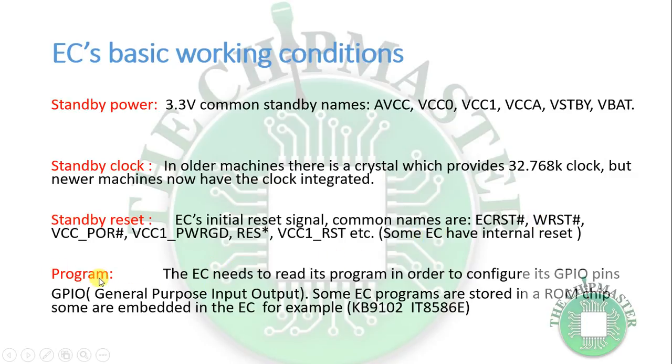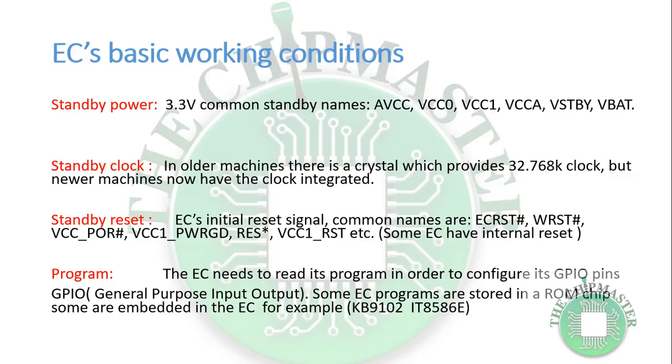We have the program, which the EC needs to read in order to configure its GPIO pins. GPIO stands for general purpose input output. Every manufacturer of an embedded controller can operate in different ways depending on the design of the motherboard.